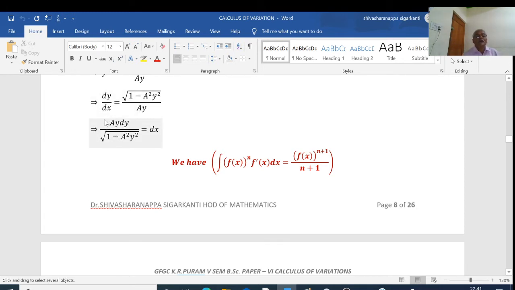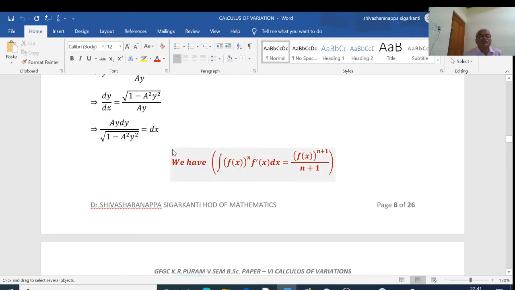Okay, and here with this I need its derivative. Derivative of this quantity is minus 2a square y.